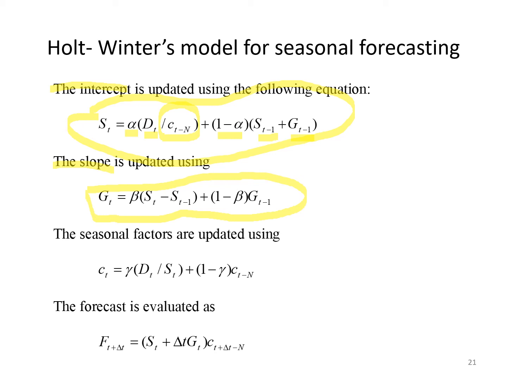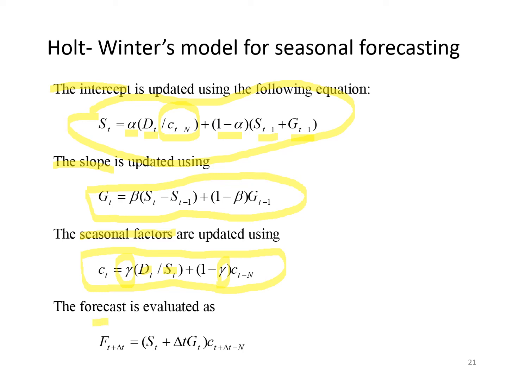Now, seasonal factors are also updated in this model. This is how the seasonal factors are updated based on the historical demand values and the intercept value. And here you will notice that we have another parameter, which is gamma, added to the model, which is used again for updating the seasonal factors.